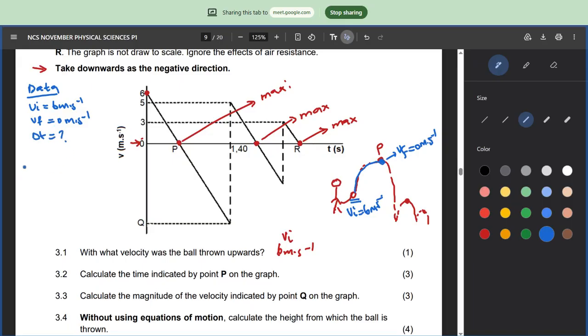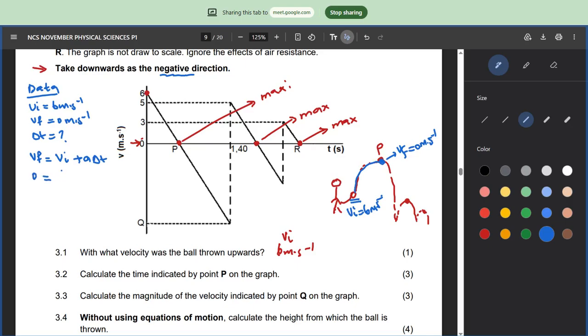So we need to choose the formula that has these three, which is V final equals V initial plus A delta T. They said we need to take down as a negative direction, meaning up as positive. So all the motions that are going up will be positive. Final velocity is 0. Initial is 6.